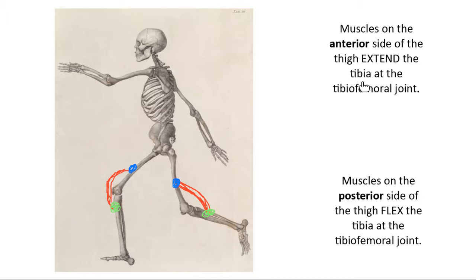So when I'm a muscle that lives on the front side of the femur, what I do to the femur is I make the femur come forward. When the femur goes forward, that's flexion. I also make the tibia go forward, but when the tibia goes forward, that's extension. It's because of the shape of the joints that we're moving things at.